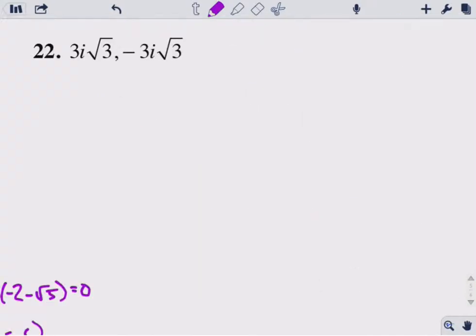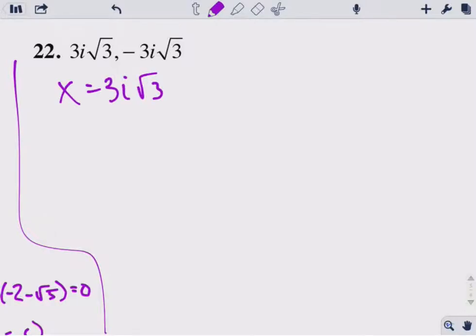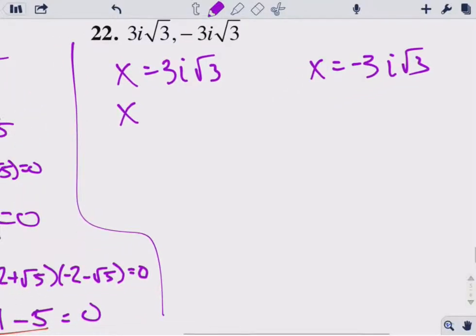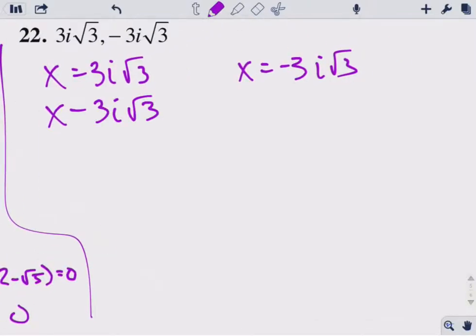Okay. X is equal to 3i root 3. X is equal to negative 3i root 3. X minus 3i root 3, x plus 3i root 3 equals 0. Multiply them together.